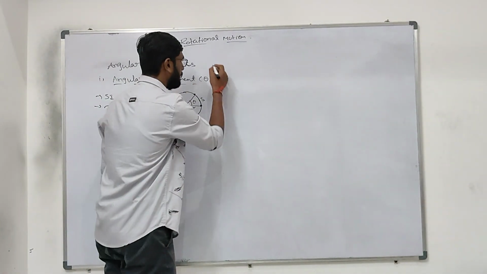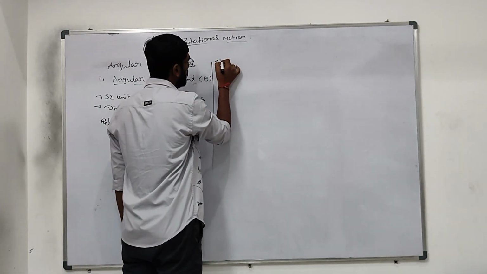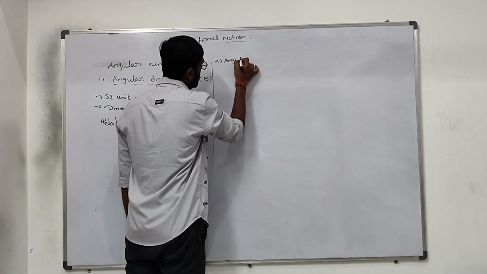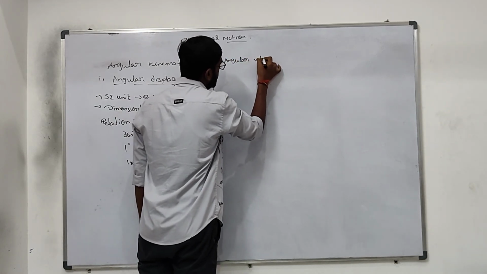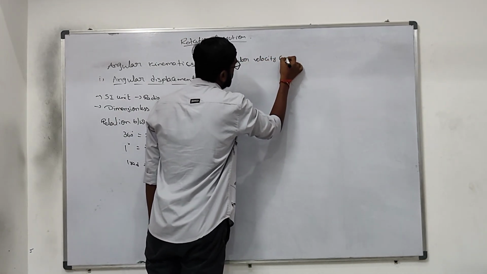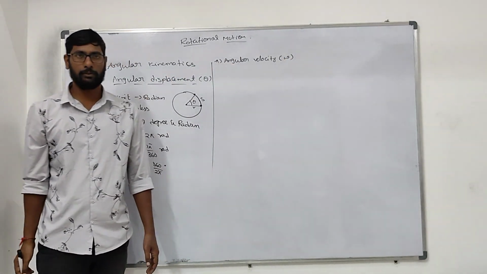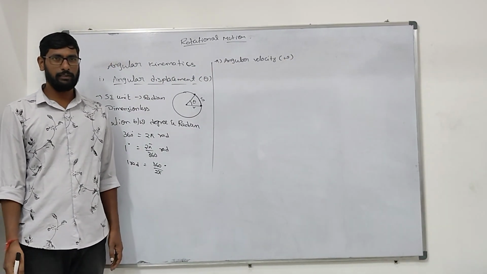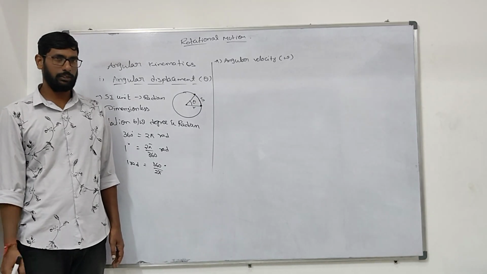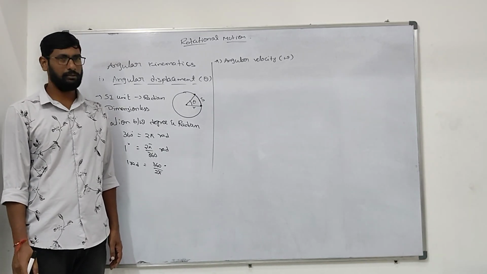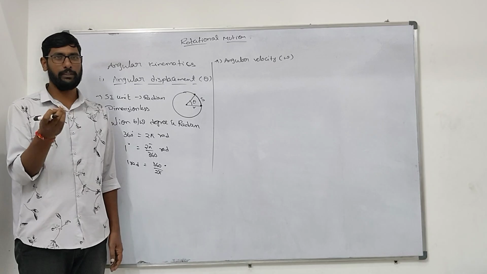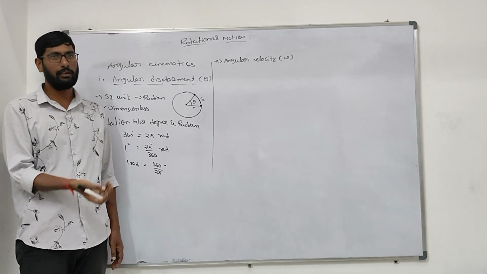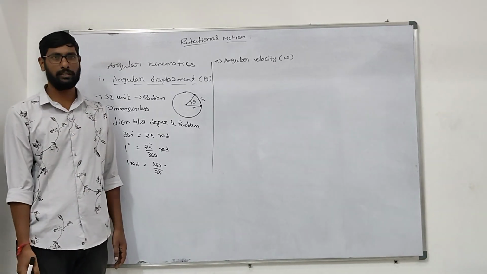Now angular velocity. Angular velocity will be written as omega. It is like linear velocity, but it is the velocity of a body which is in a curved path. Curved path means maybe circular or rotating.